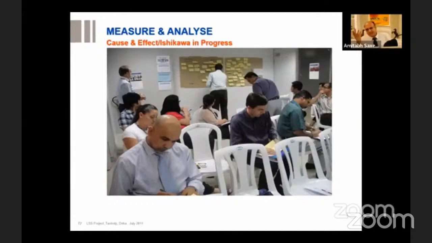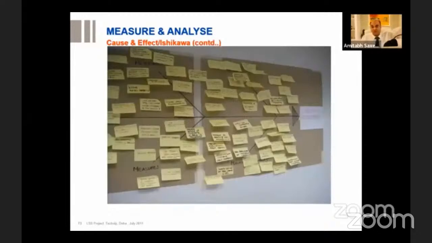Man related, mankind related, what could be the cause. Method related, what could be the cause. So people will brainstorm and they'll put all the causes, whatever comes to your mind, you have to put all the causes. When you are brainstorming, you have to keep your mind open. So brainstorming, some basic tools and techniques are there. Let me tell you about it.